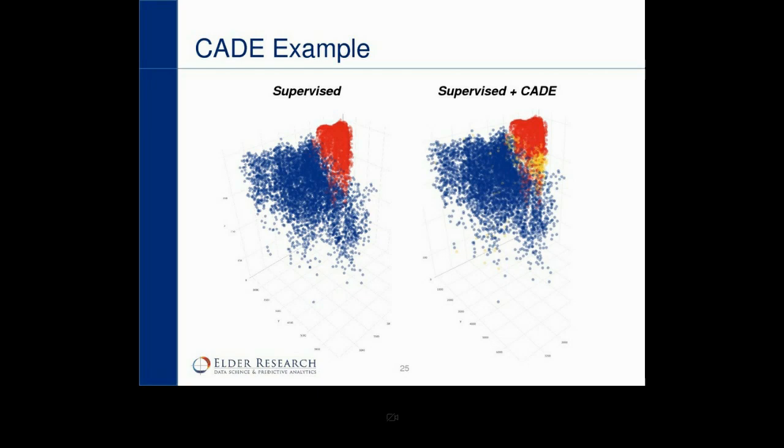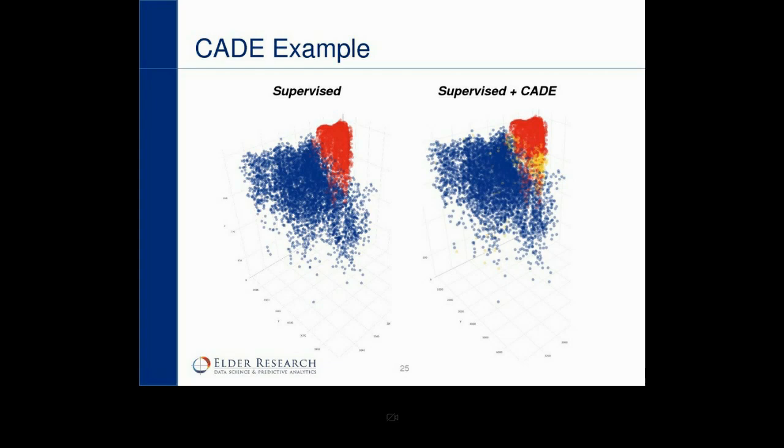And then it shuffles that data to create synthetic records that are not real, but they have the same range of values in them. And then you build a supervised model on that difference between the real records and the not real records, the synthetic records. And then you apply that to the whole set. And what you see on the right is the result of that application to the whole set.